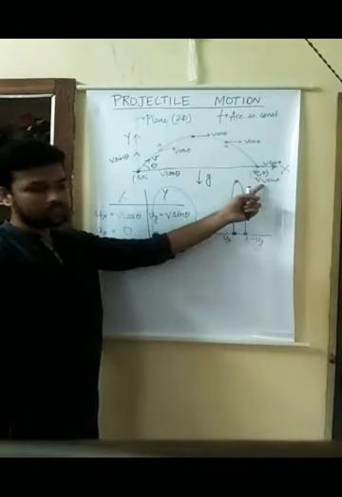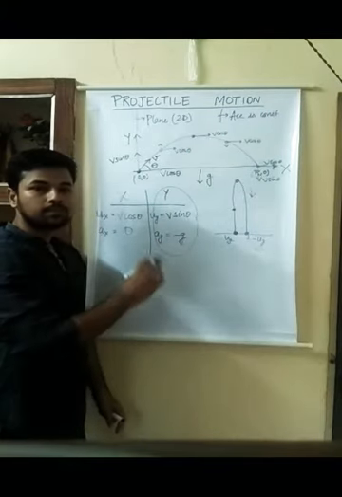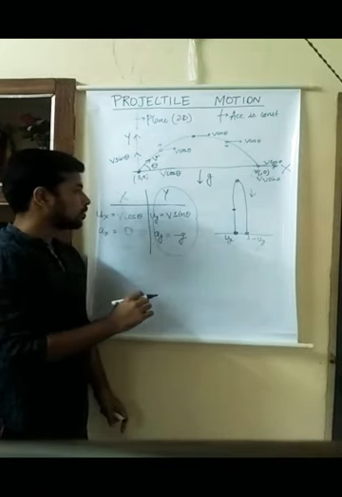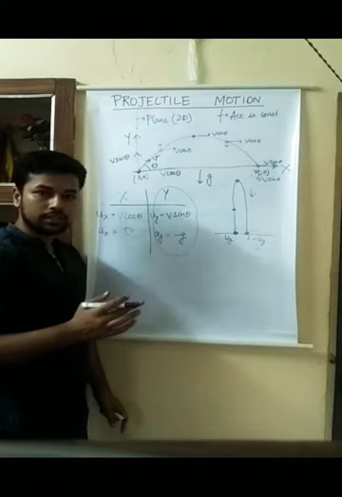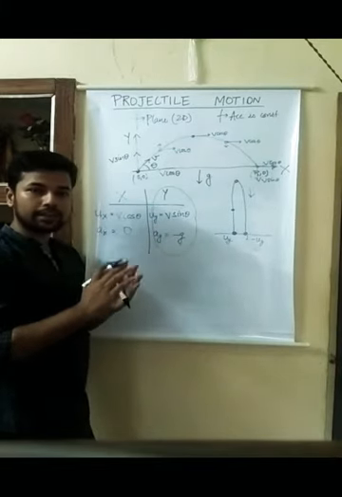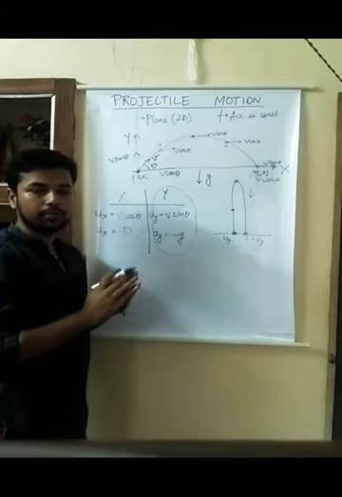And over here, it reaches back to v sine theta. This is basic projectile motion, and to solve all these equations, we just have to break this problem into kinematics in two axes, x and y, and we'll be able to solve it.